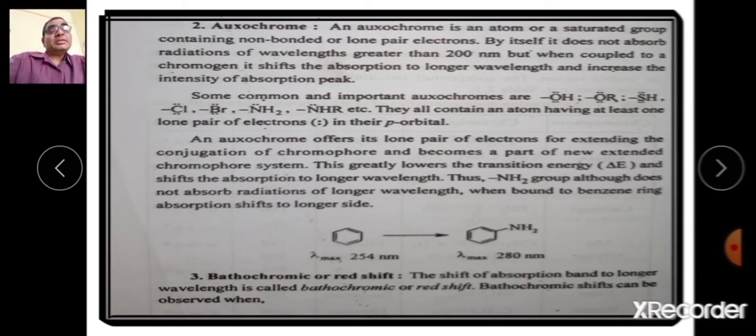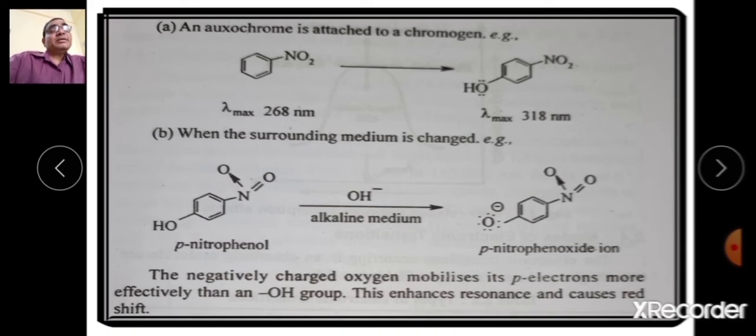We are going to see the next, bathochromic or red shift, the shift of the absorption band to the longer wavelength. I have told you red has more wavelength, that is length, and therefore the shift of the absorption band toward the longer wavelength is called bathochromic or a red shift. Bathochromic shift can be observed when chromophores and auxochromes are present.